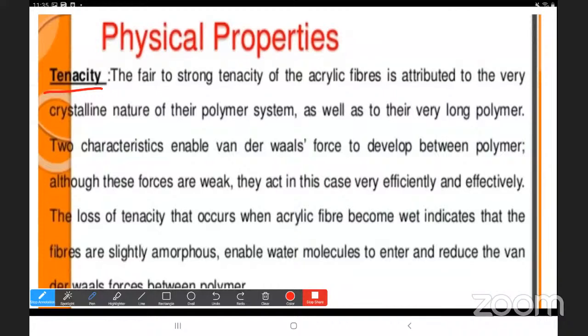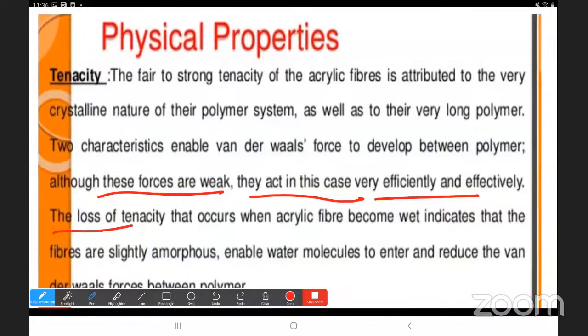The attraction gap between two molecules is very large, so that's why here the attraction is very less. Here these forces are weak.